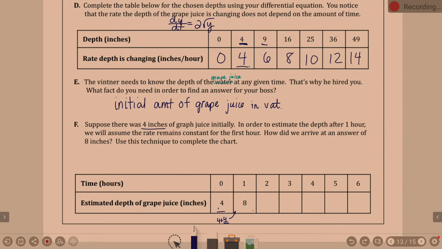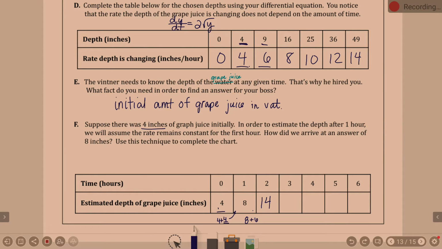So what am I going to do here? When the depth is here at 8 inches, which is close to 9, we're going to take that 8 and add, what is my rate changing at now? 6. And 8 plus 6 is 14. So now I have a depth of 14. Do we have a depth of 14 up in our chart?